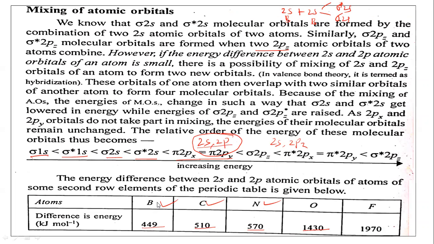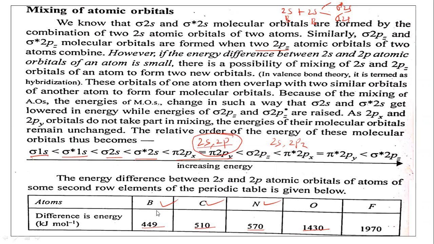See, in the case of boron, that energy gap is only 449 between the 2s and 2p atomic orbitals. In carbon it is 510. In nitrogen it is 517. Now see here, in the case of oxygen, this energy gap is 1430, very large. In fluorine 1970.